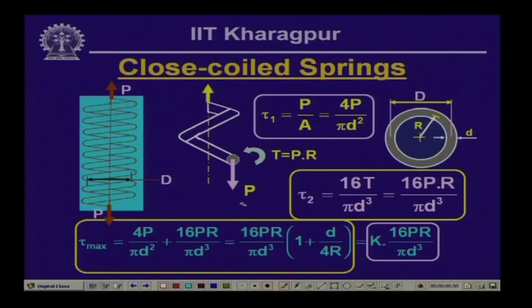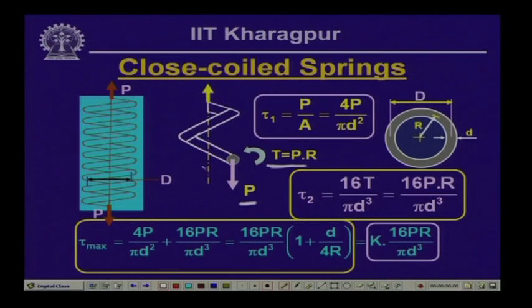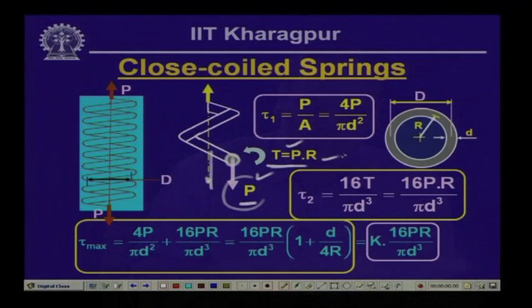One is the direct force P, and another is the twisting moment T. Now, as I had told you, in case of closed coil helical springs, they are wound in such a way that each helix is lying in one plane, and if that happens, then the force transferred to the spring wire is the axial force P, which is transferred from the center to the center part of the wire, along with the twisting moment T, which equals P times R.